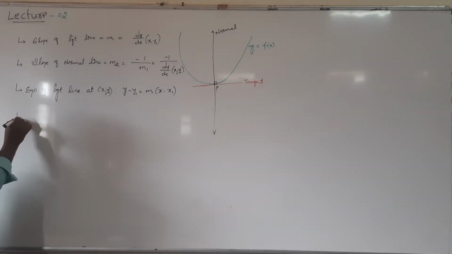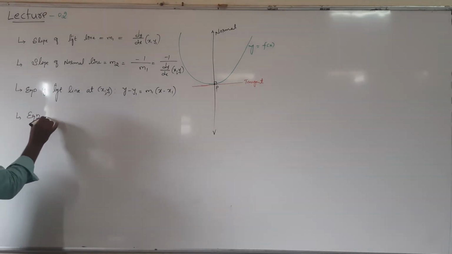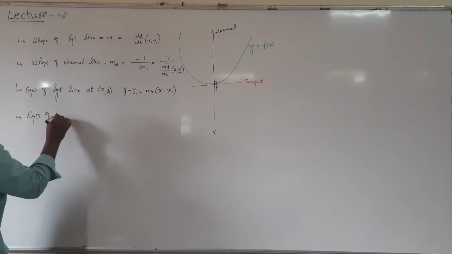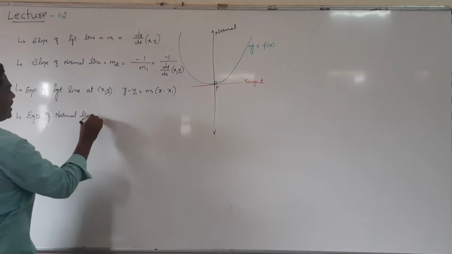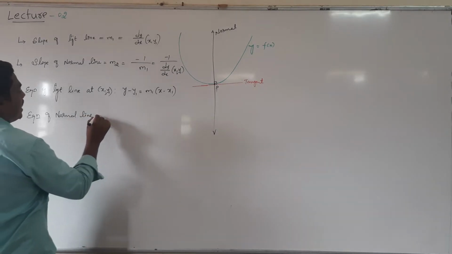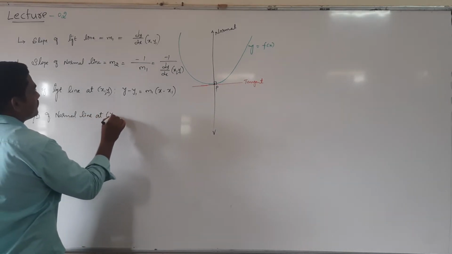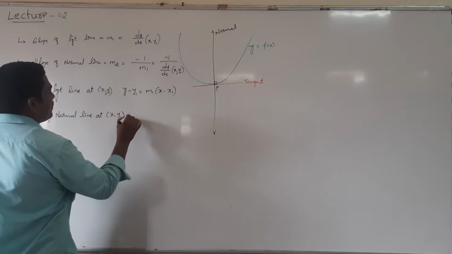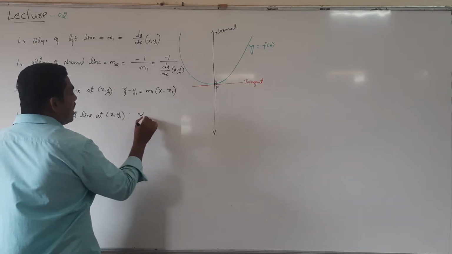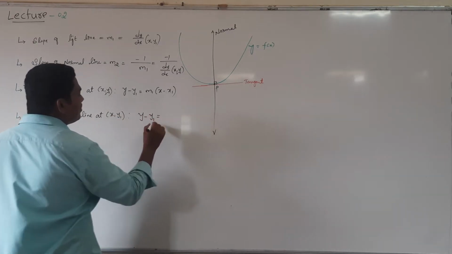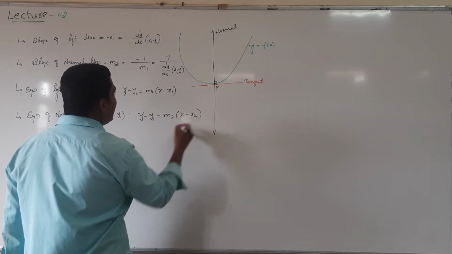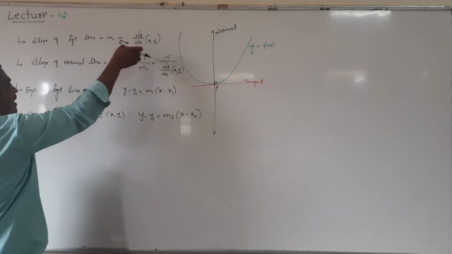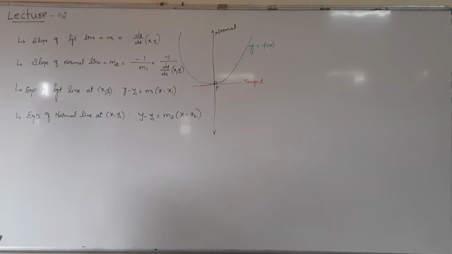Next, equation of normal. Equation of normal line, or simply normal, at x1 comma y1 is y minus y1 is equal to m2 into x minus x1. Already you know what is m2. m2 is the negative reciprocal of m1.